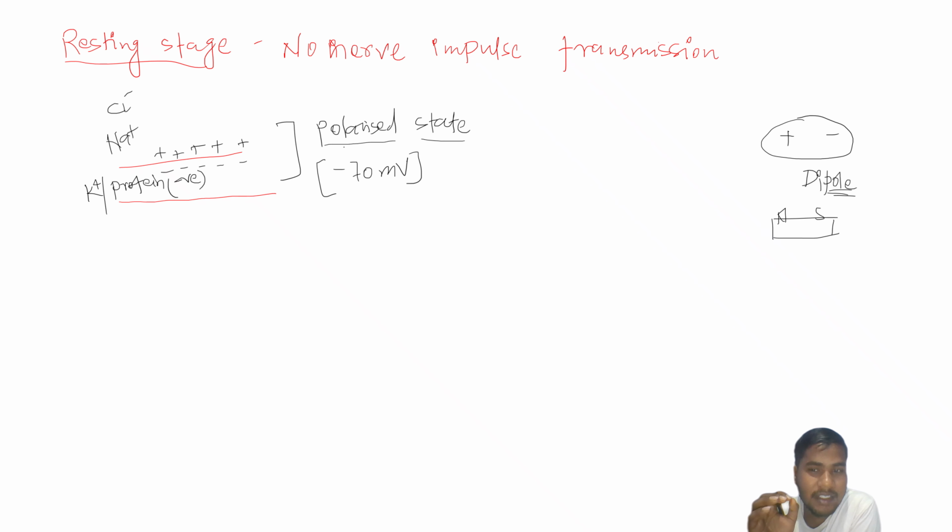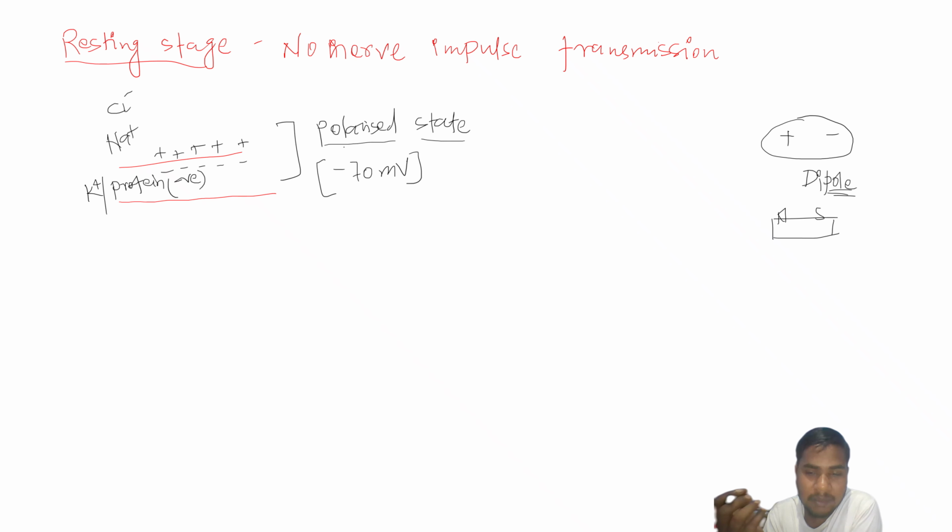But the question is, how is this polarization of the membrane maintained? Because we know that cells are metabolically active and require different metabolic inputs, and also release some metabolic waste.